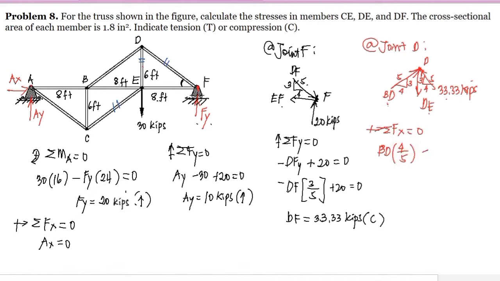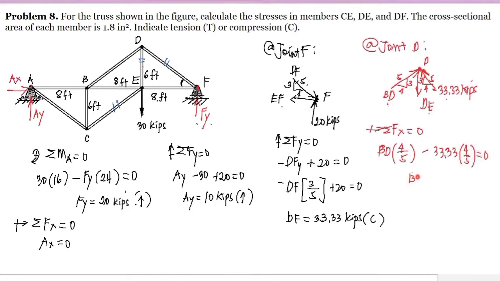Minus, kasi ito is directed to quadrant 2, yung arrow natin is towards point D. So, yung X component nito ay negative. So, that's 33.33 kips multiplied by the horizontal component, so that's 4 over 5. This is equal to 0.